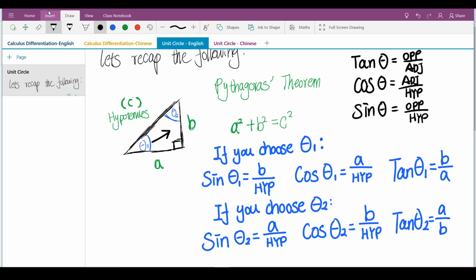What Pythagoras came up with is that if we square side A and add the square of side B, we actually get the square of side C. Normally that's where the teacher will stop, and students will just go, okay, A squared plus B squared equals C squared.